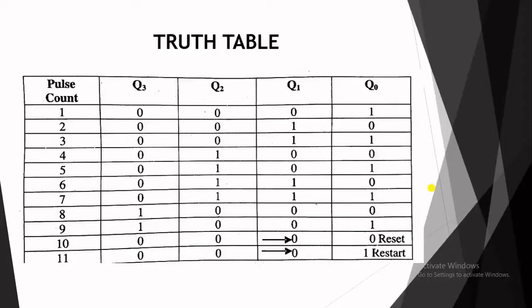Now in industrial applications, the standard IC available as a decade counter is 7490, and the standard decoder driver 7447 works as a display driver.